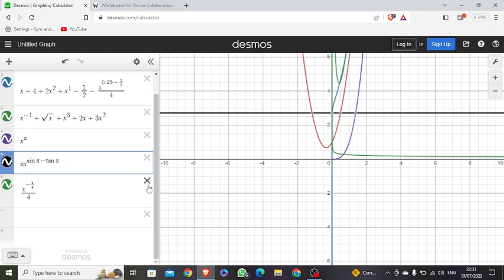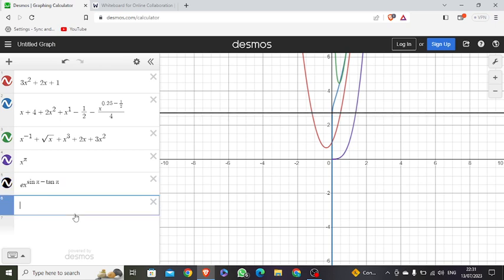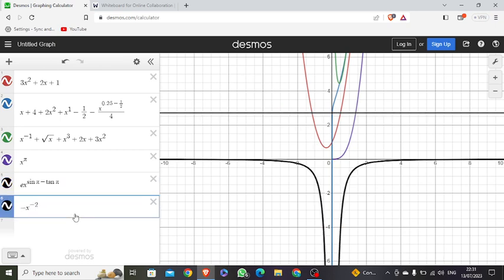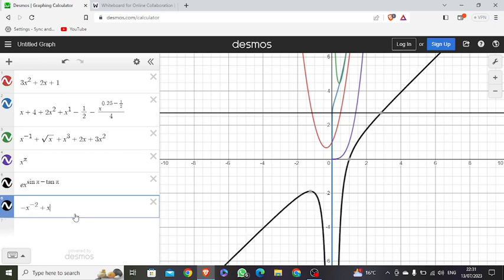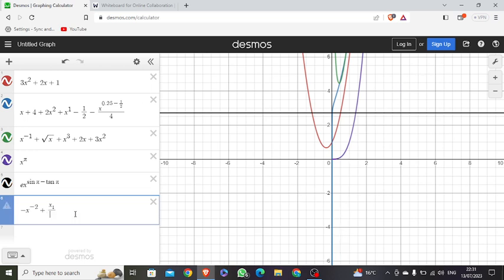This will be a bit simple. It will be minus x to the power minus 2. Now for the square root of x, what you could do is square root of x equals x to the power half. And the derivative is basically 1 over 2 root x.